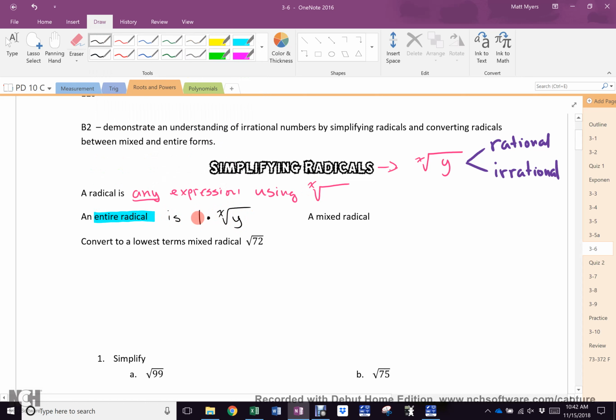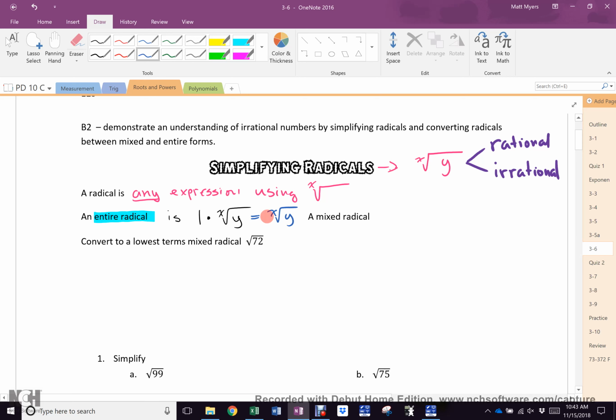Now, when 1 is out in front of something, do we ever write it? No. This is technically what it is. How does it appear? Like that, with no number in front of it. What do we call the number in front of anything that multiplies it? A coefficient. An entire radical has no coefficient. Which is only to say it looks like it has no coefficient, because it technically has a coefficient. What is it? 1. But we don't write it.